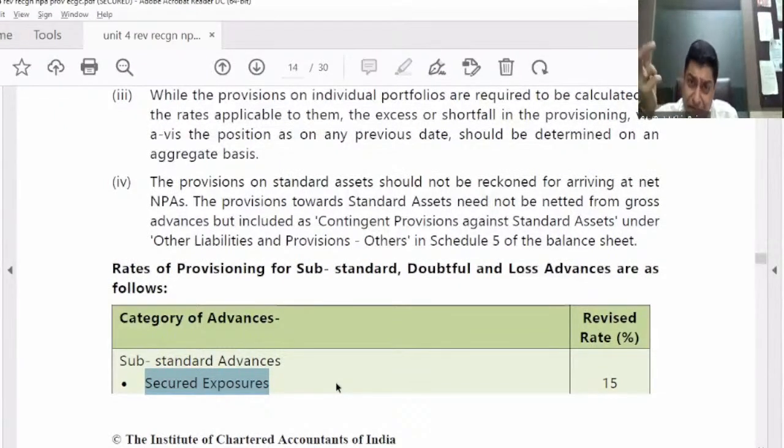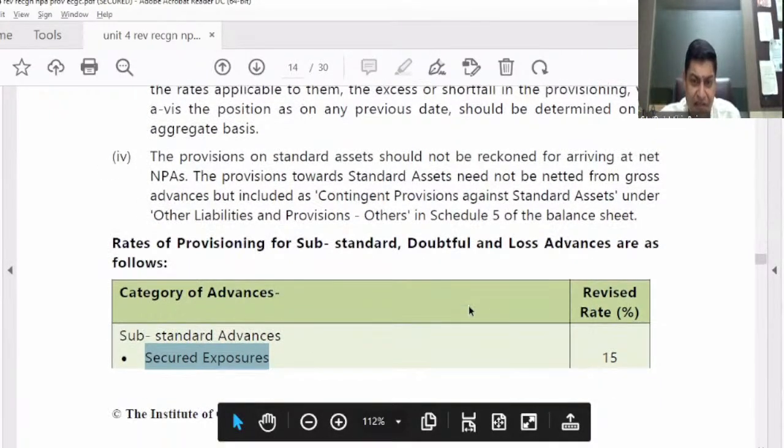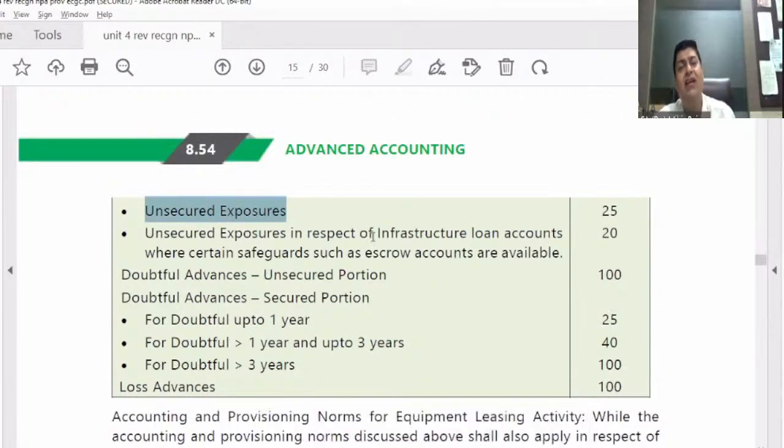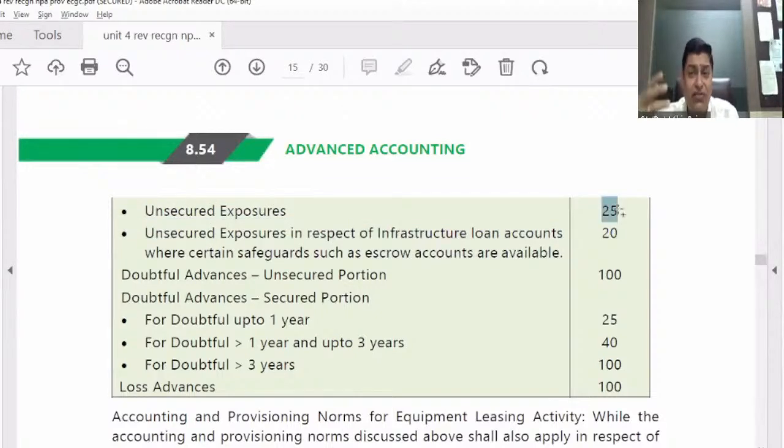But if it is specifically mentioned in the question that it is unsecured, then the rates differ. So if it is secured, it is 15 percentage. If it is unsecured, then the percentage is more because it is unsecured, risk is more. So 25 percentage. But if it is unsecured in case of infrastructure accounts, but we have an escrow account.